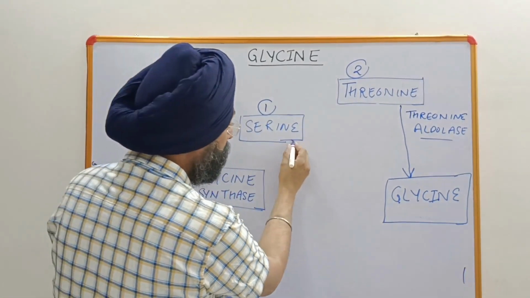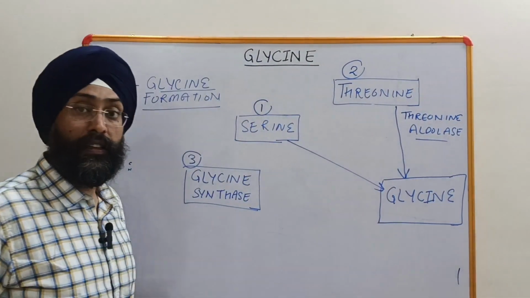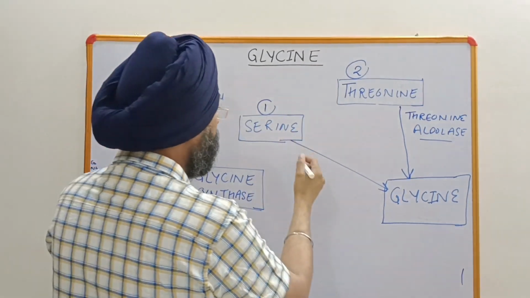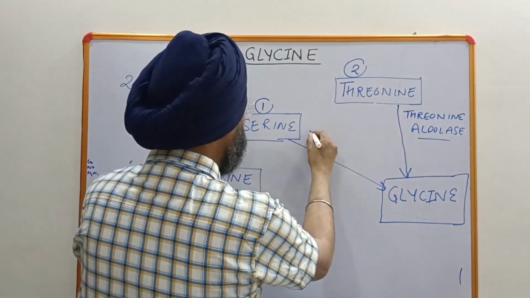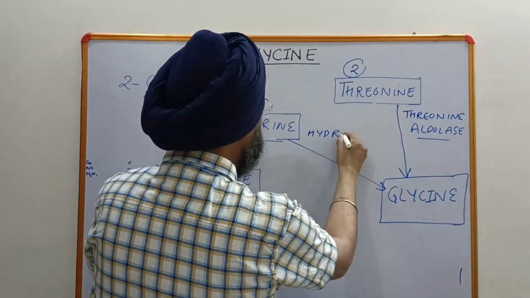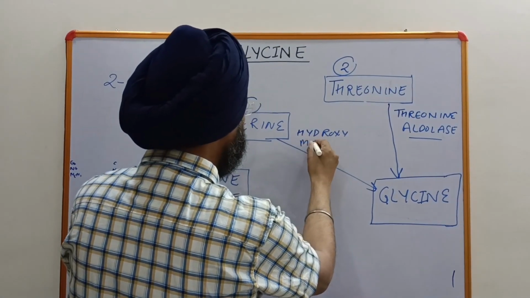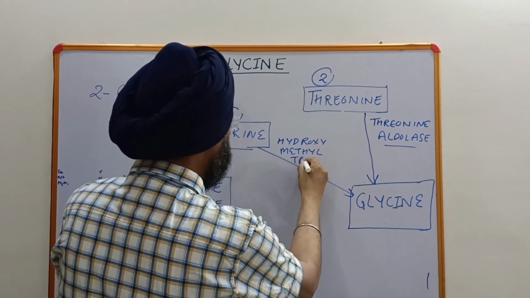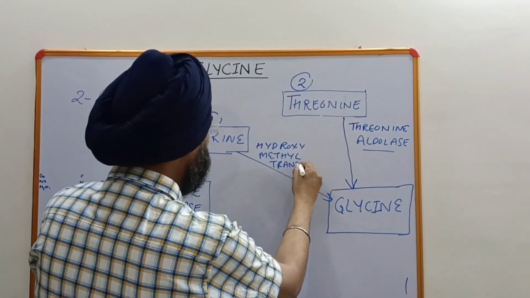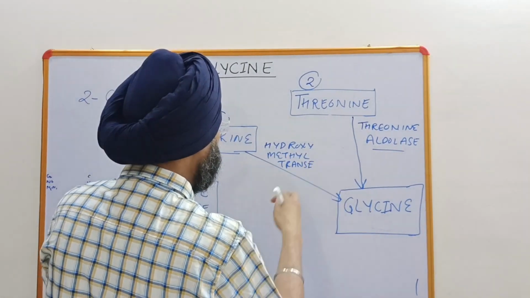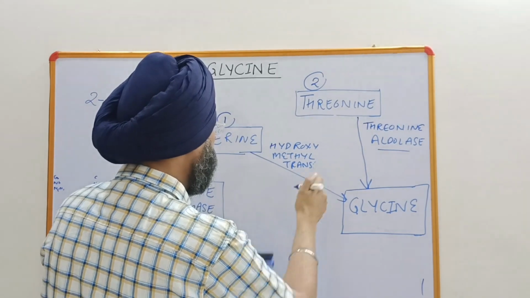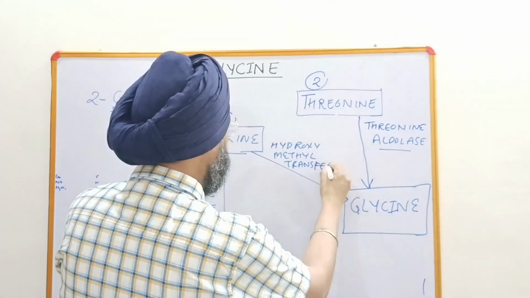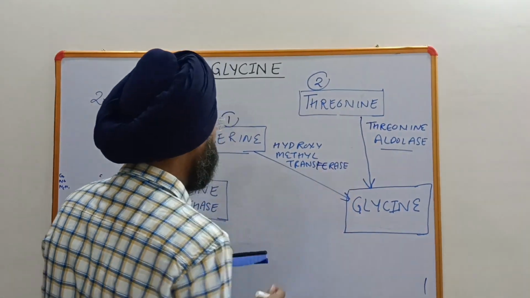And from serine we can also synthesize glycine by the enzyme serine hydroxymethyl transferase.